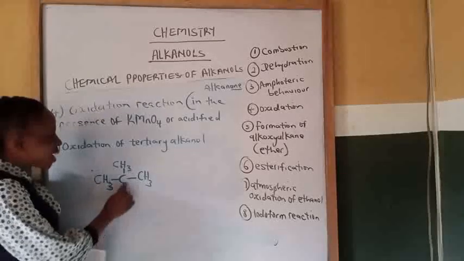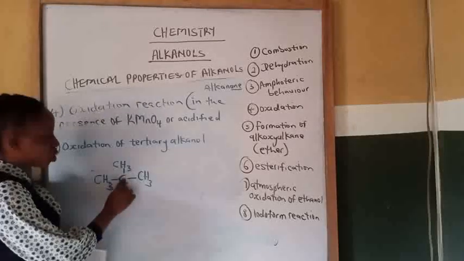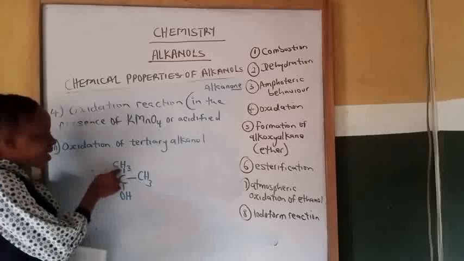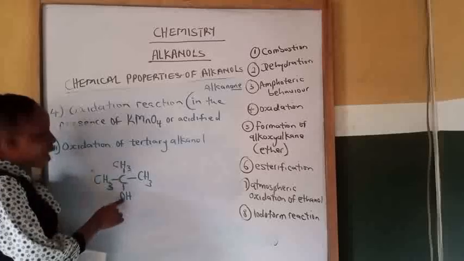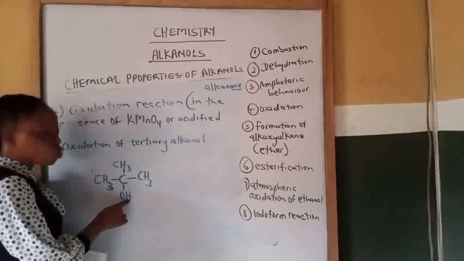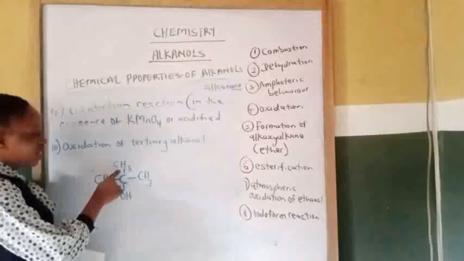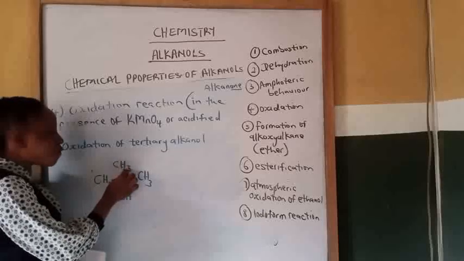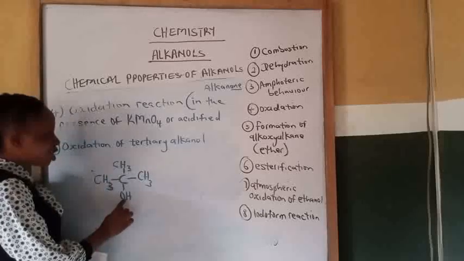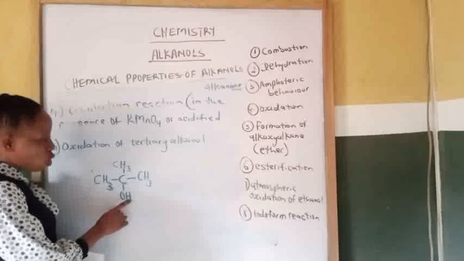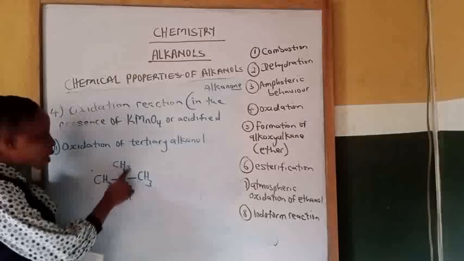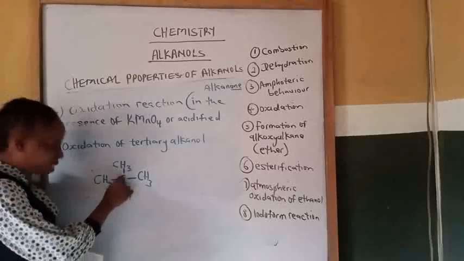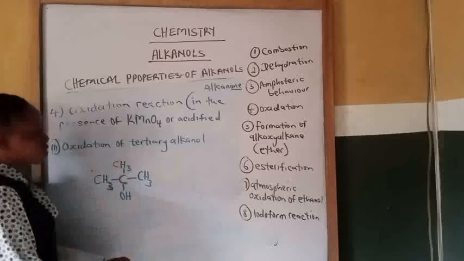Now, I cannot eliminate a water molecule from this carbon atom because there is no hydrogen here that will combine with the hydroxy group to give us a water molecule. This one is CH3, that's an alkyl group, so you cannot remove a hydrogen atom from this alkyl group and add it to OH.